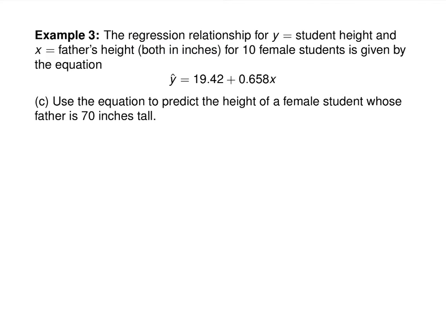So use the equation to predict the height of a female student whose father is 70 inches tall. So if you know the dad is 70 inches tall, what do you expect the daughter's height to be, approximately, on average? So plug in 70 for x, and we have that this is about 65.48 inches.